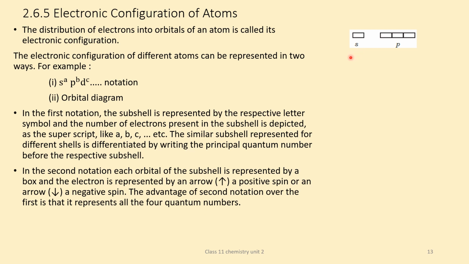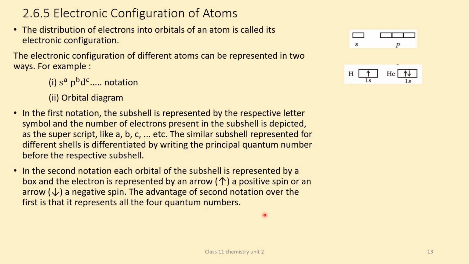The arrow can point upwards for a positive spin, or downwards for a negative spin. The advantage of this orbital diagram is that it represents all the four quantum numbers.